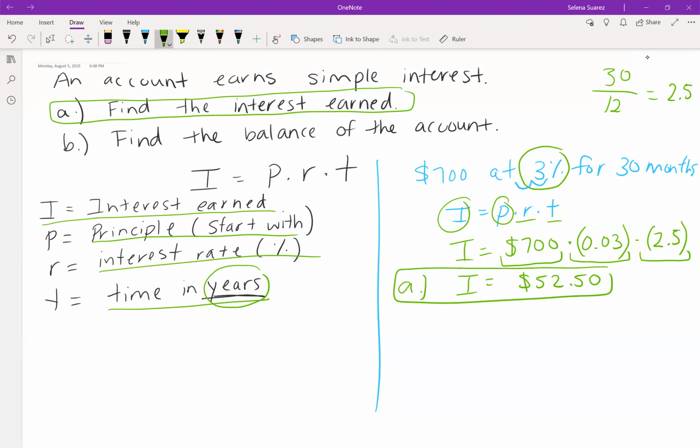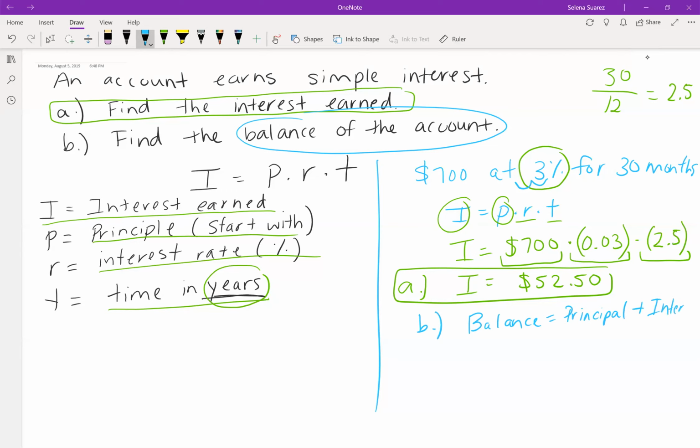Now for B, part B is asking me about the balance. It says find the balance of the account. So balance equals principal plus the interest.